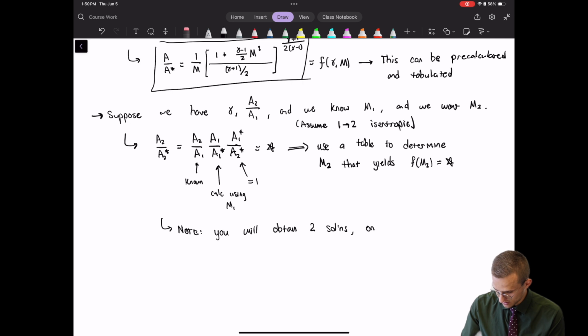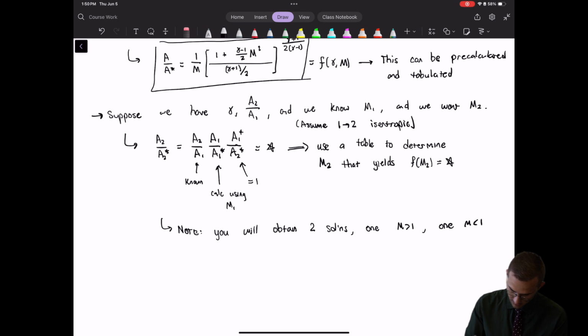So one M greater than 1, one M less than 1. You must use intuition to eliminate the spurious solution.